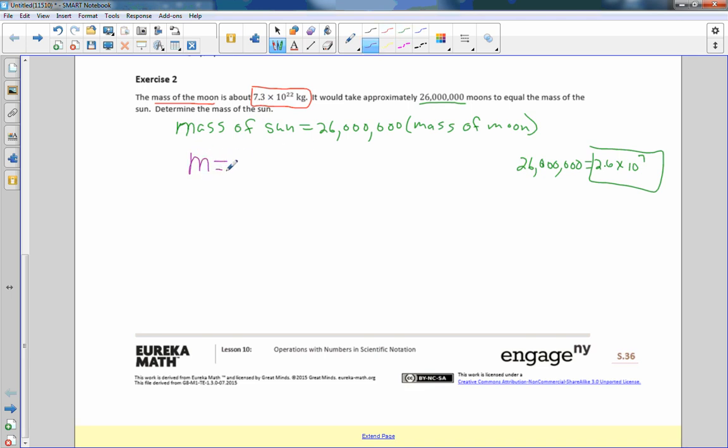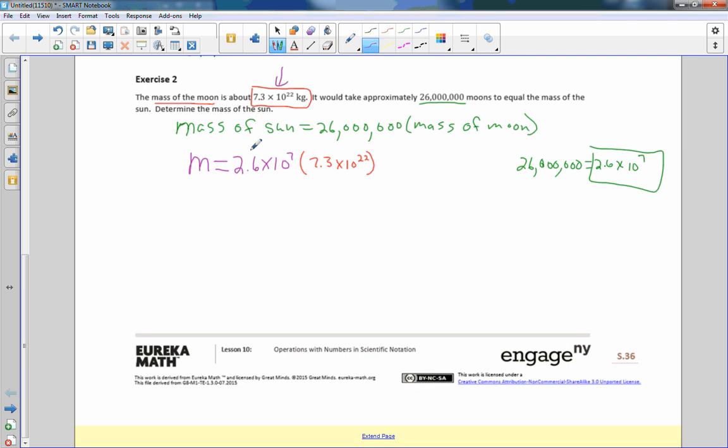M, the mass of the sun, equals 2.6 times 10 to the 7 times the mass of the moon, which we were told is right here. We're multiplying by 7.3 times 10 to the 22.